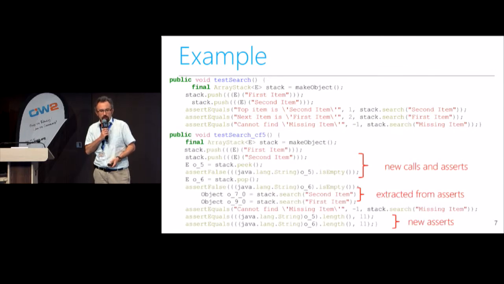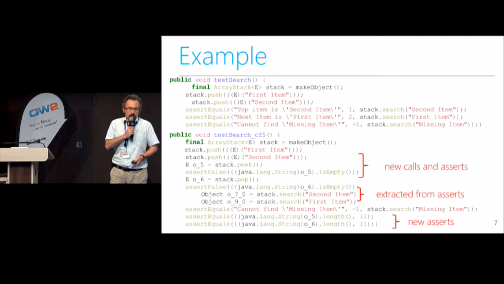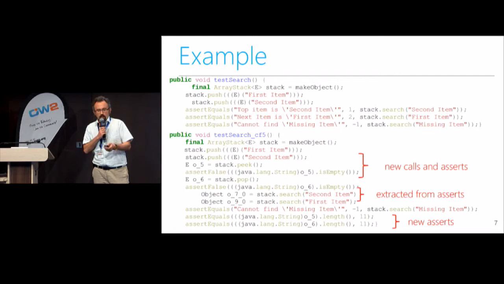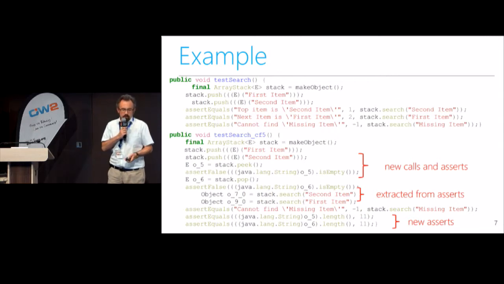You've got another function with the same first steps, instantiation and initialization, and then the tool will try to invoke other methods and make assertions on them. They take the methods you put in, like stack.search, second item and first item. They extract them from the assertions and put the results aside for further use, like new assertions that are done after.